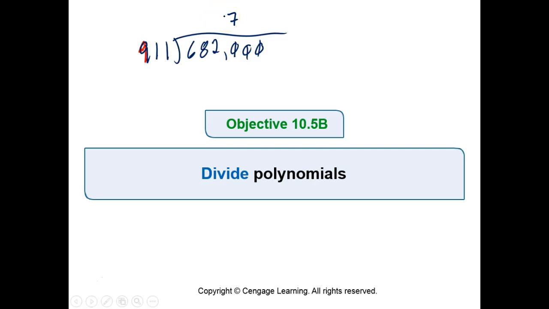Then what do we do? Not yet. Multiply. So you divide first, then multiply. 7 times 1 is 7. And 7 times 9 is 63. Now what do you do?